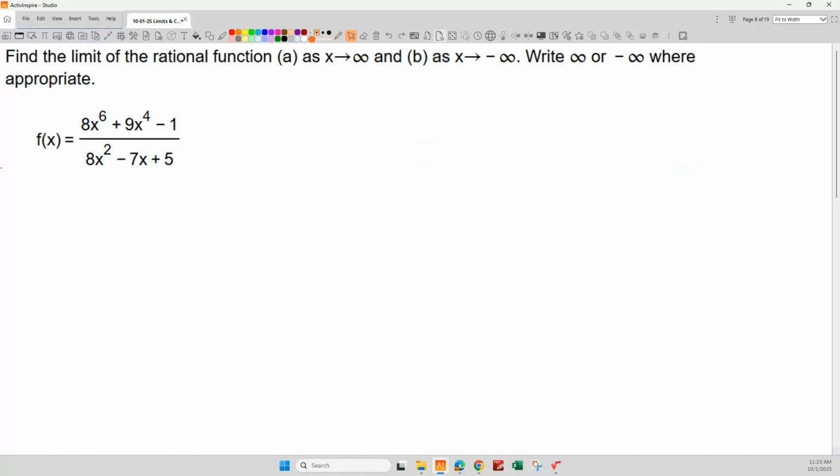Okay, what about one like that? This is where we definitely want to use Brandy's approach. Yes, right. And how do we get that? So the limit of that function equals the limit of what ratio? 8x to the 6th over 8x squared.